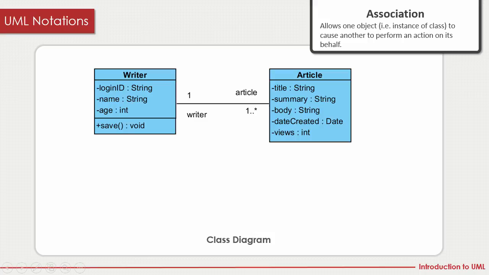And each article in our system is written by only one writer. So we use the relationship to show the navigation between the objects. You see, we also have the multiplicity of the relationship. One writer has one or many articles, and each article is written by exclusively one writer.